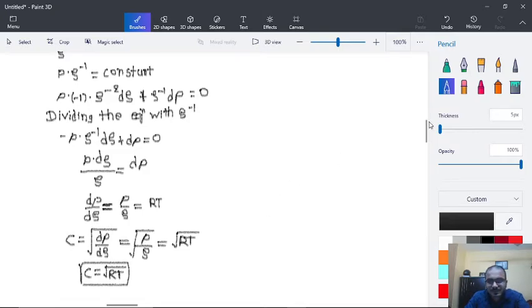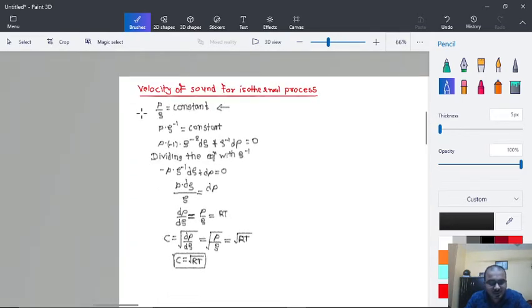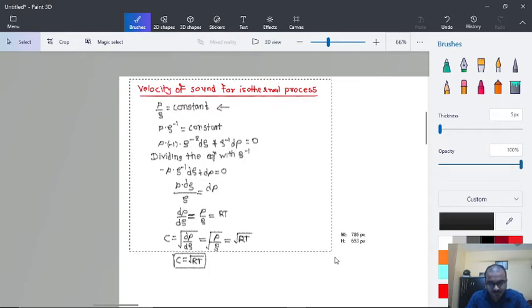So that is the value of speed of sound for an isothermal process. Let's copy this work into our main slides.